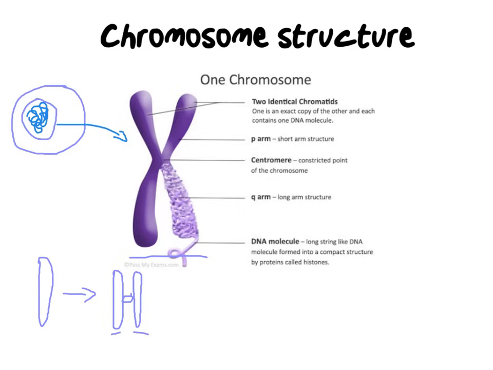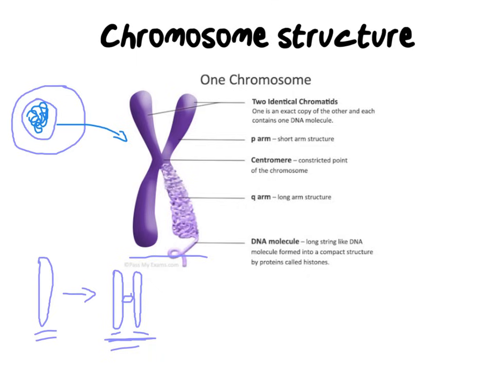Now, this is where a lot of confusion comes in: is it a single chromosome or is this two chromosomes? So it's really important to know the structure and understand what's happened here. Because we have gone from one strand to two, doesn't mean we have doubled the amount of chromosomes.